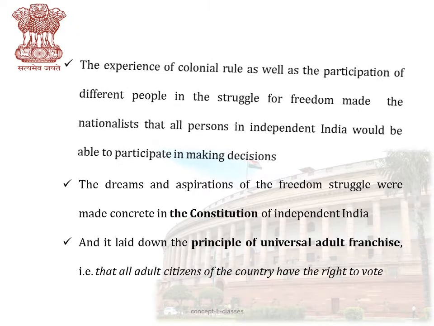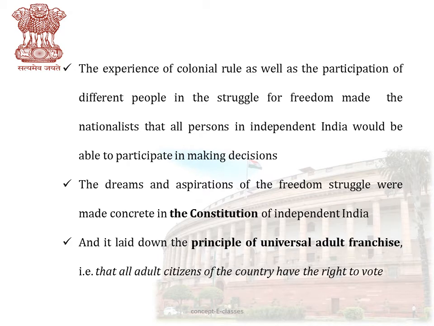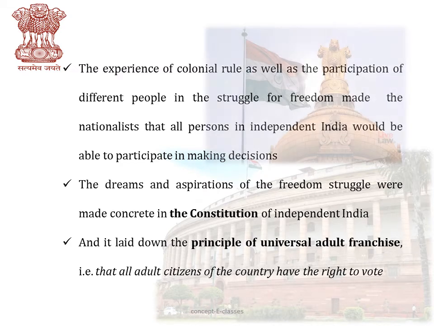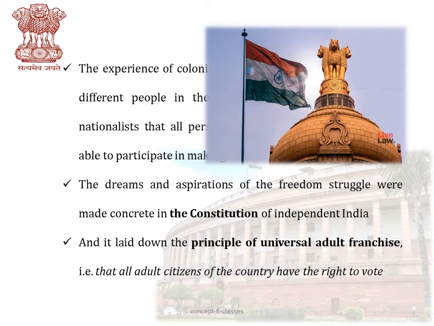Now, the harsh experience of the colonial rule as well as the participation of different people in the struggle for freedom made the nationalists make sure that all persons in independent India would be able to participate in the decision making process. And all these dreams and aspirations of the freedom struggle were made concrete in the Constitution of Independent India.